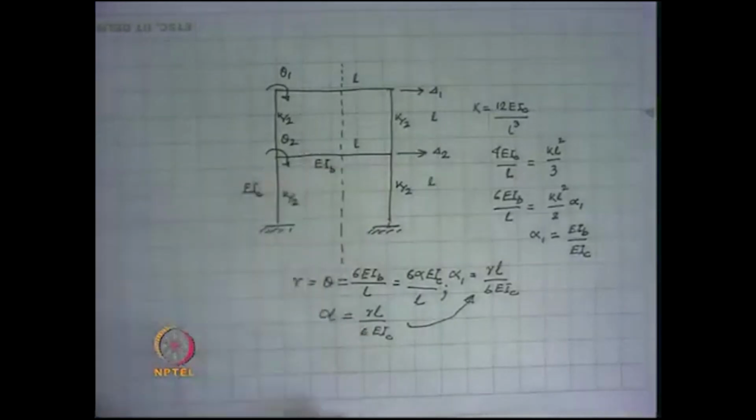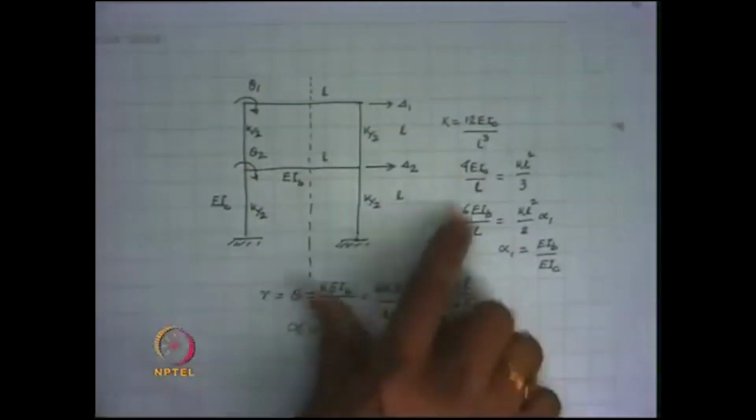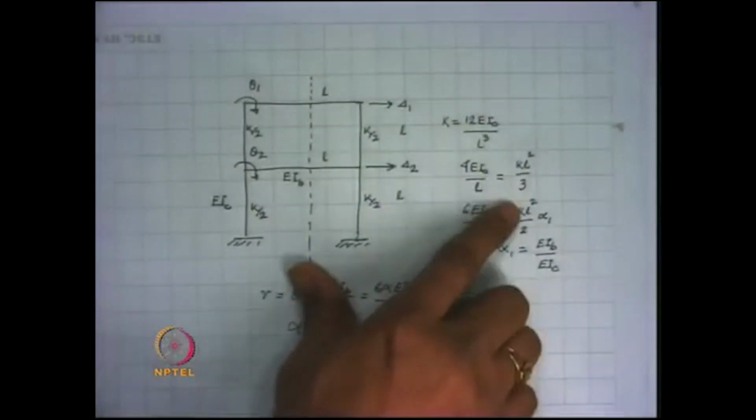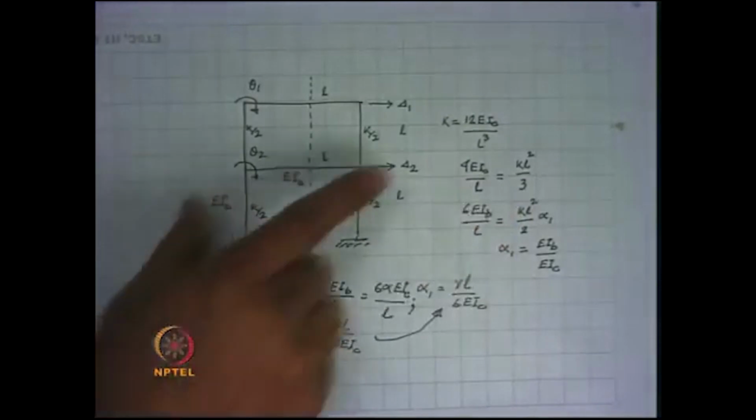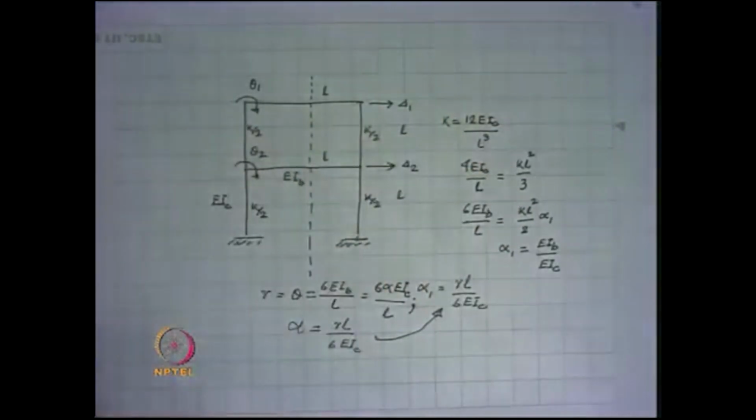Beams also have a length of L. The 4 EIC by L turns out to be kL square by 3 from this value of k which is defined at the top.